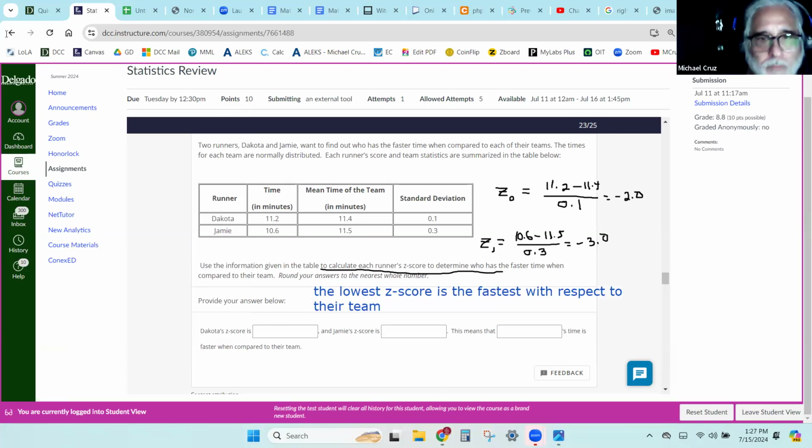So Dakota's is -2.0, Jamie's is -3.0, and this means that Jamie.